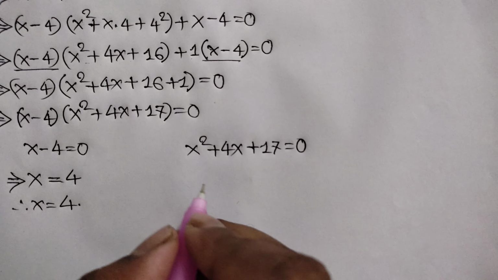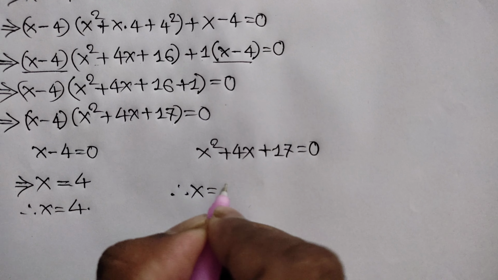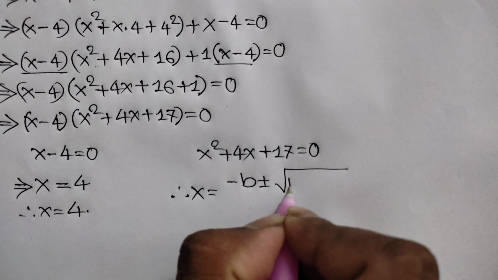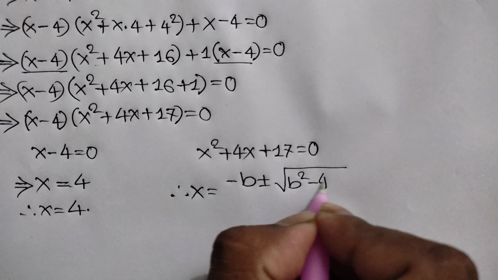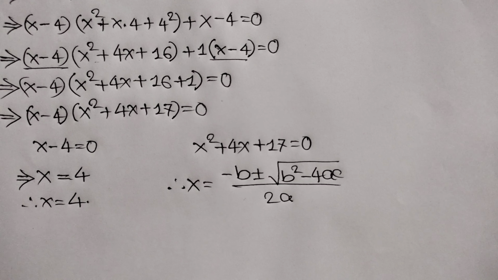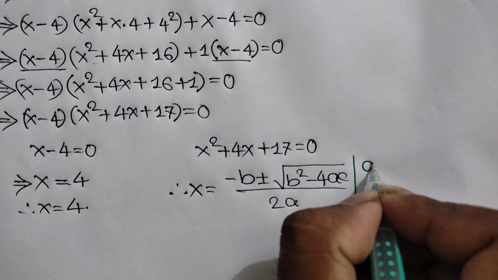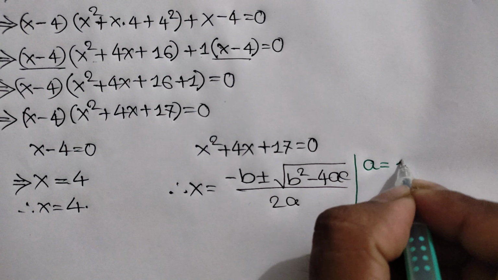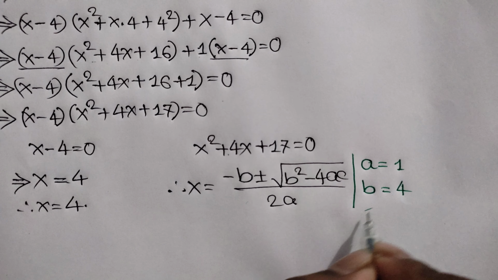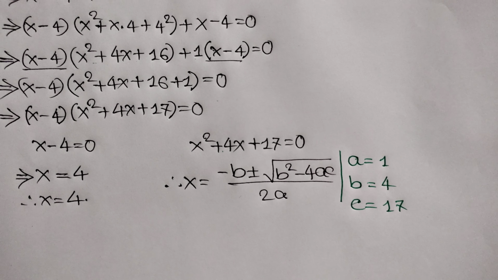Now from here we can use the quadratic formula, so we can write x is equal to minus b plus or minus the square root of b square minus 4ac over twice a. Here a is equal to 1, b is equal to positive 4, and c is equal to positive 17.